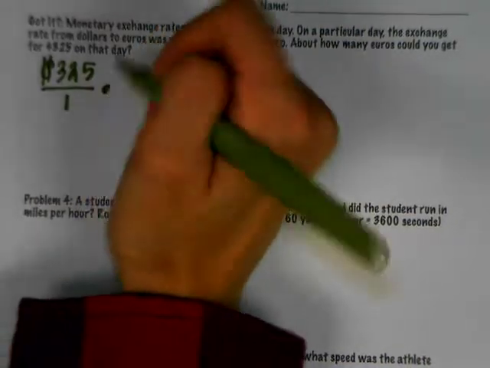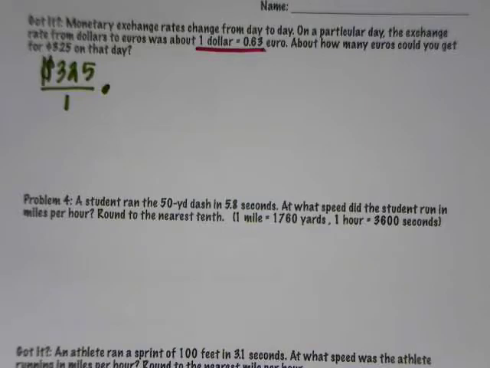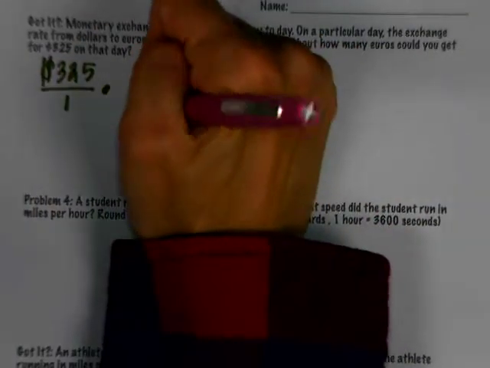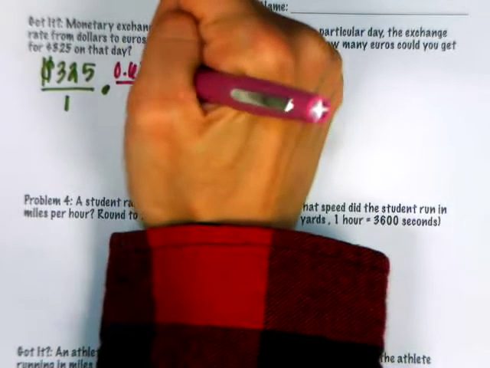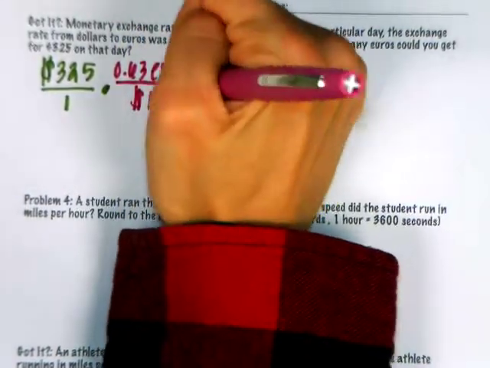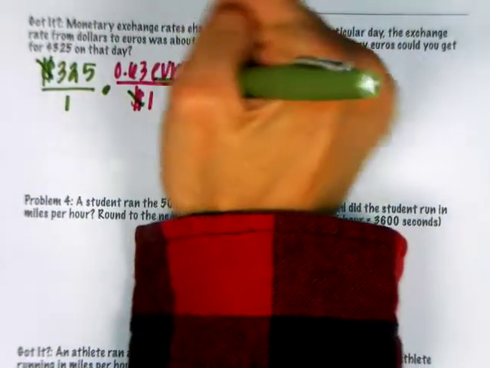Now we're going to use our exchange rate, which is this. Where is the $1 going to go? On the bottom, yep. So $1 and 0.63 euro. The dollars cancel, left with euros.